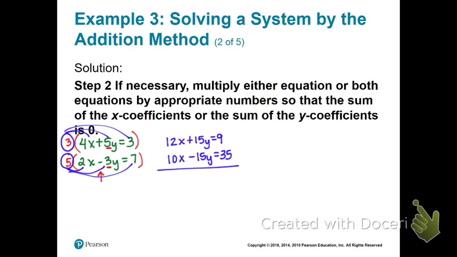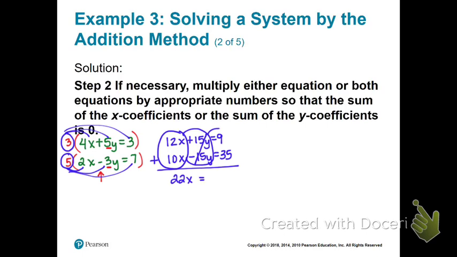And then we're going to combine those equations together. So this is why it's called addition, because we're actually adding them. So then what is 12x plus 10x? What is 15y minus 15y? That's what we wanted, right?